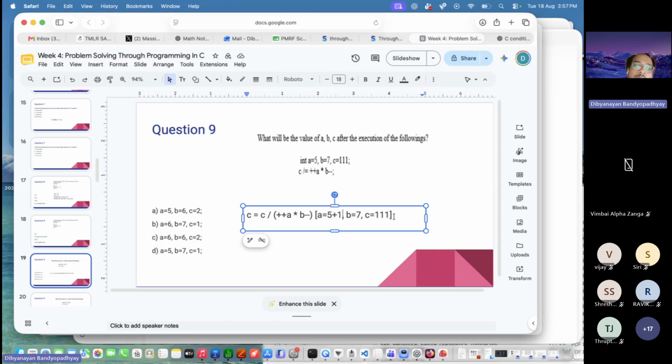So what will happen after the operation is performed? C equal to C divided by, we are performing this part now. ++A means A is now 6. So 6 into B--. B will be 7 only, correct? Because B is post-decrement.